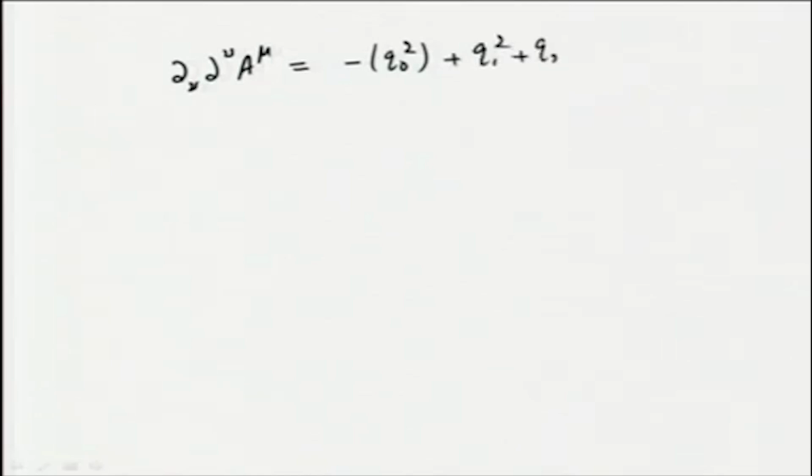Putting it together, dou nu dou nu A mu is equal to minus q 0 square plus q 1 square plus q 2 square plus q 3 square, which is equal to minus 4-vector q square A mu.